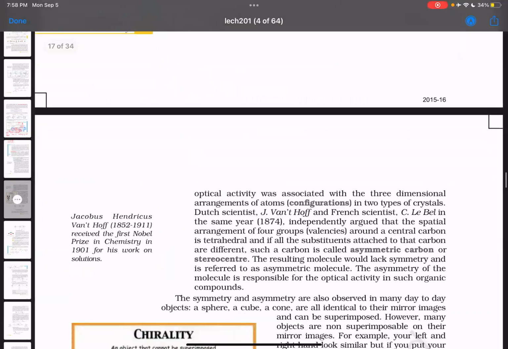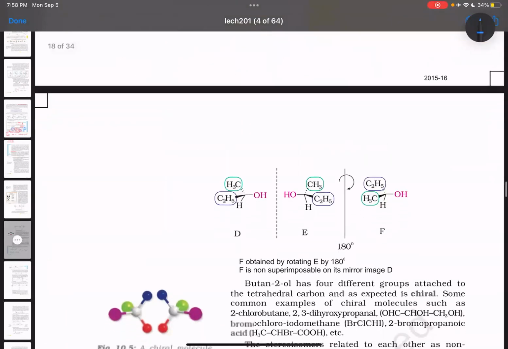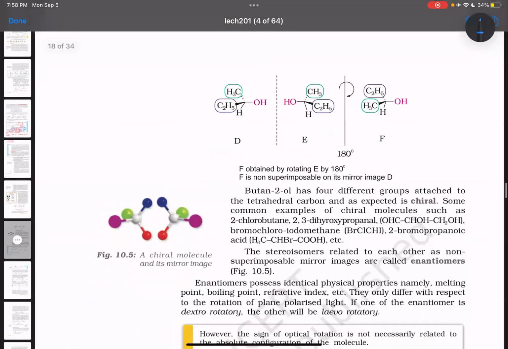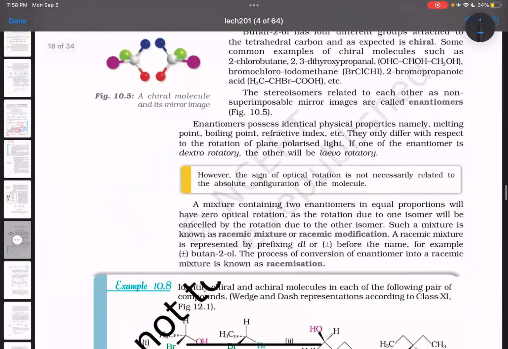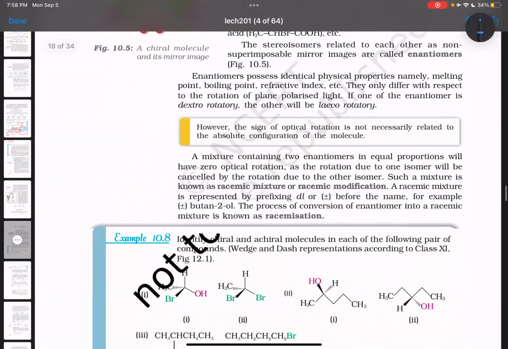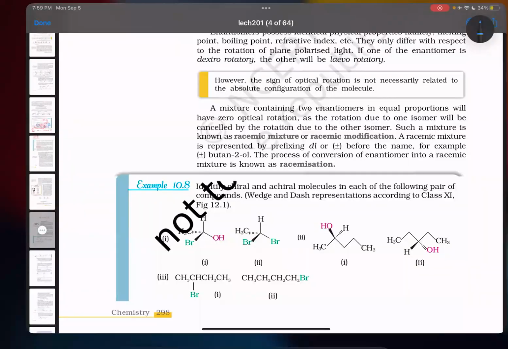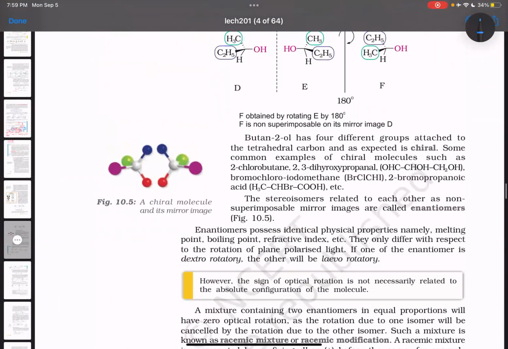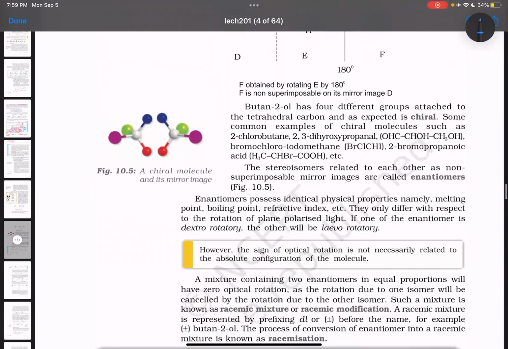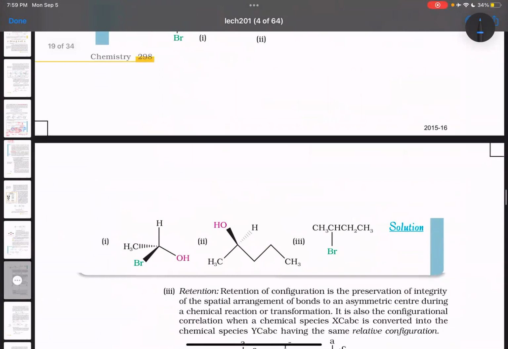So in SN1, look, these are the models which are shown. A racemic mixture is being formed. Is it clear to everyone? Yes sir, a racemic mixture forms, and in SN2, inversion occurs. So this is the detail, you can read it. I have explained it to you.